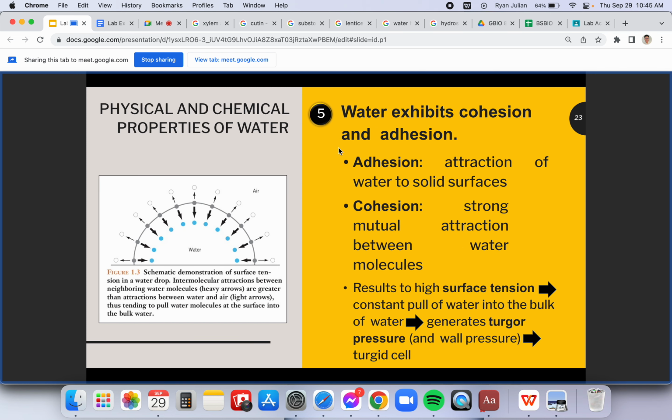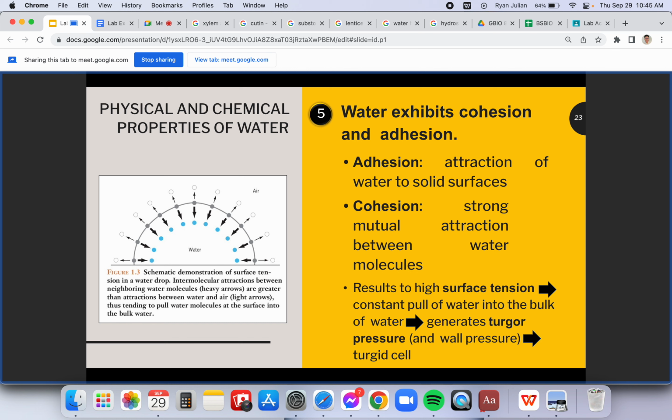Okay. Fifth one, water exhibits cohesion and adhesion. What is the main difference between the two terms? Adhesion is basically the attraction of water to solid surfaces. In other words, it is how water clings to it. In trees, right?